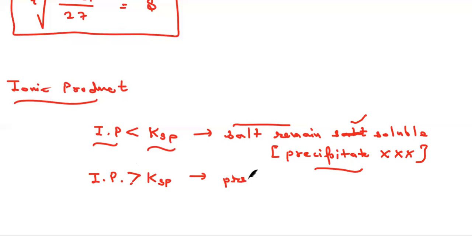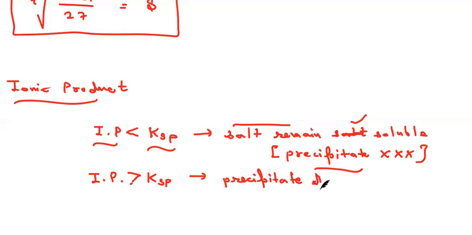A precipitate usually is an insoluble salt. So whenever there is a chemical reaction and in the product an insoluble salt is going to get formed, that is known as a precipitate reaction. That substance is known as the precipitate, which is insoluble.